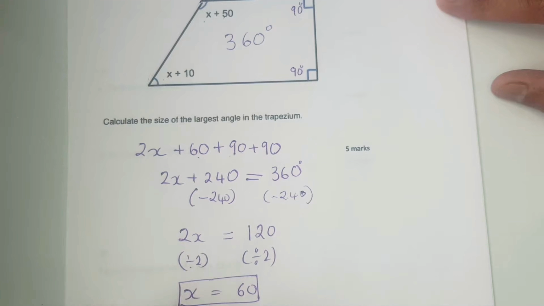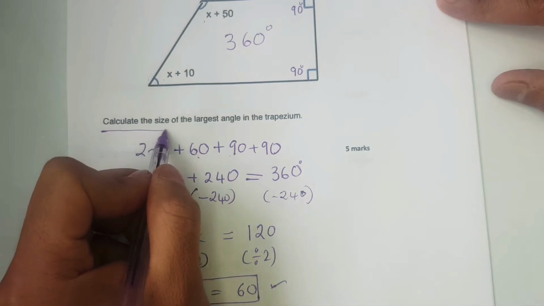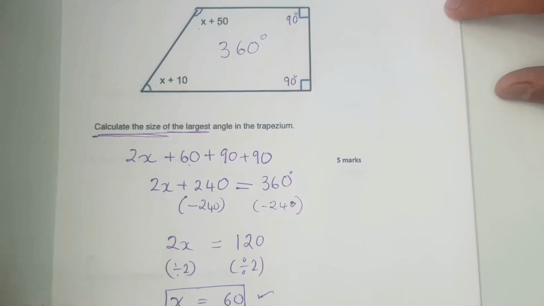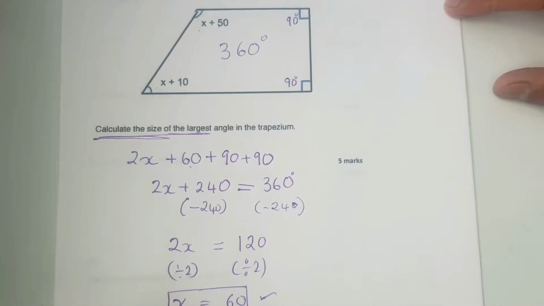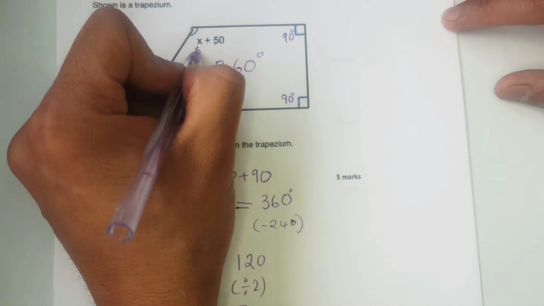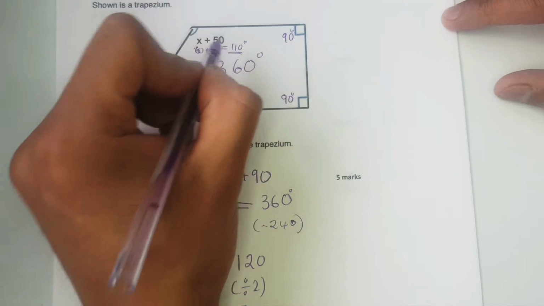Once you've found x, we've not finished yet. You need to go back to the question and see what it's asking you to find. It says calculate the size of the largest angle. So all you're going to do is substitute this x into all the angles. Substitute x equals 60, and let's see what that gives us. When x is 60, you have 60 plus 50, that's 110.